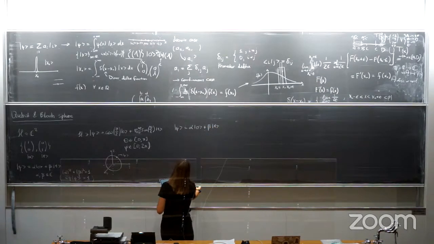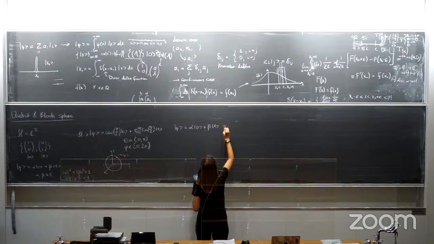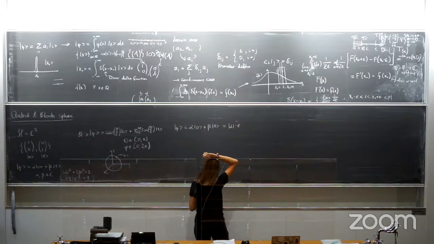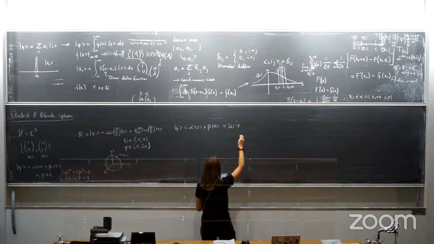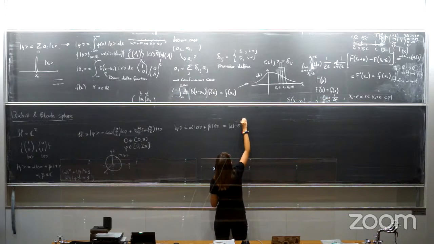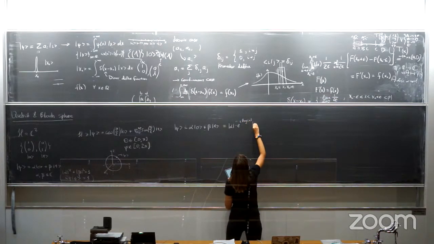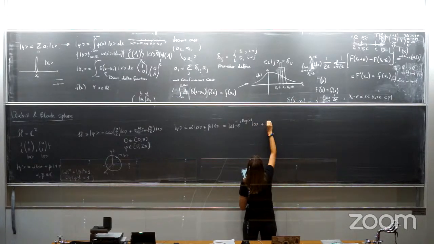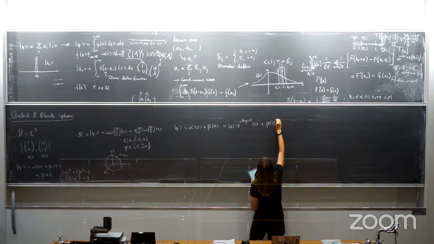Then let us rewrite alpha as modulus alpha times its phase, which we call arg alpha, |0>, plus we do the same for beta: modulus beta e to the power i arg beta, |1>.